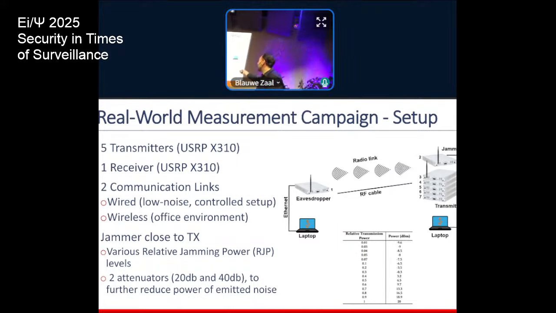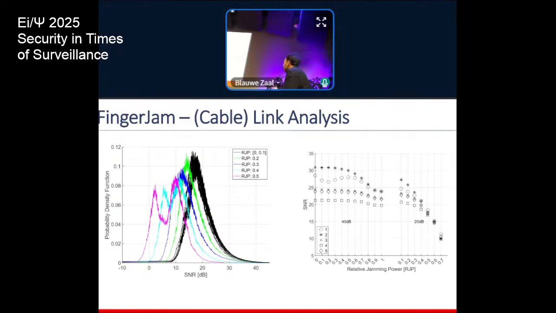You see here that there are different relative transmission powers that you can use on the jammer, from 0.01, that means 1% of the overall power available on the jammer, up to 100% of the power available. So we experimented with different power levels.